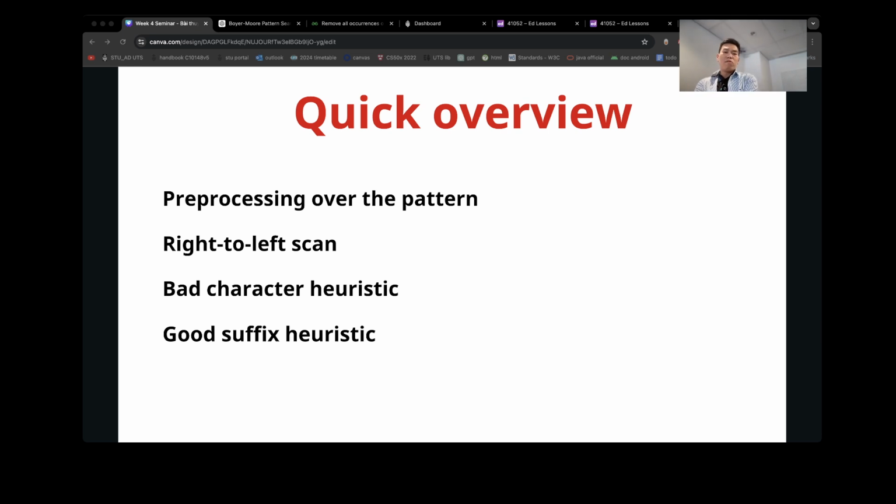What do I mean by backward? We scan the pattern from right to left. There are two main heuristics that can be used independently to process the text and the pattern, but we'll mainly cover the bad character heuristic. The other one is the good suffix heuristic, but I'll mainly talk about the bad character heuristic today.